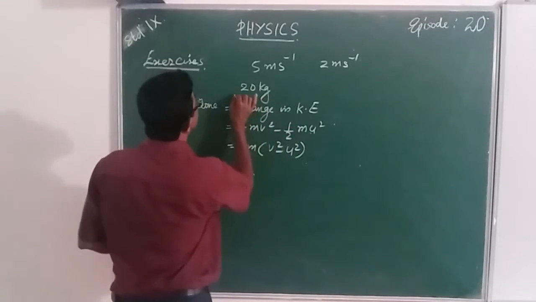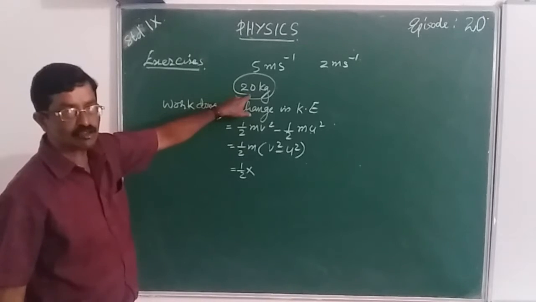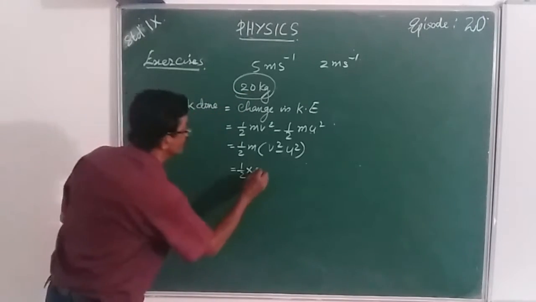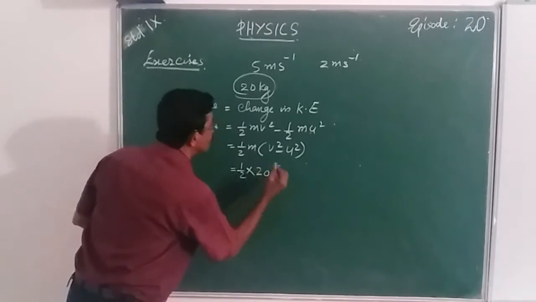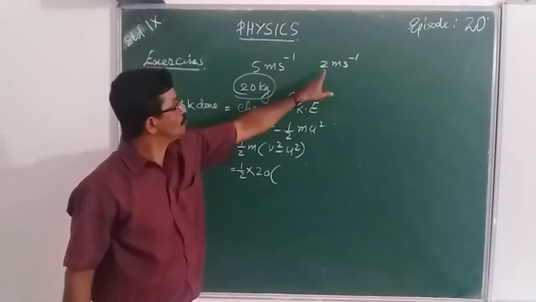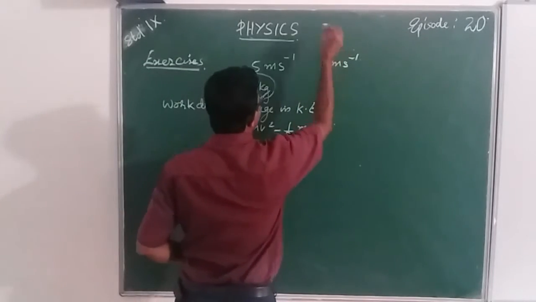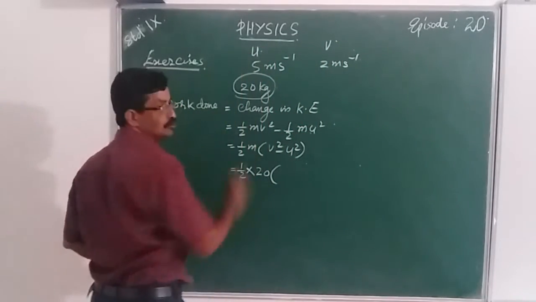Here the mass of the body is given as 20 kilogram. 20 into initial velocity, final velocity. Final velocity is v and initial velocity is u.